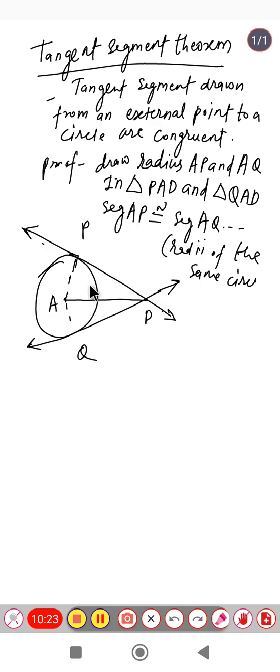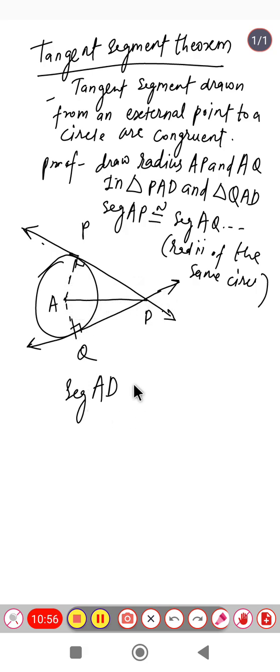So that's why segment AP and segment AQ are congruent, being radii of the same circle.